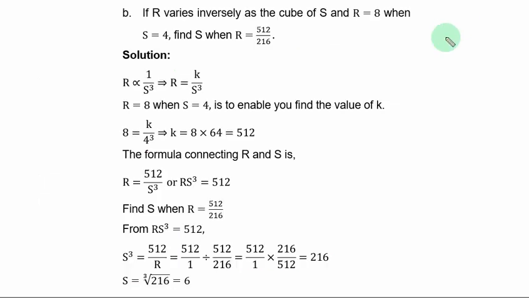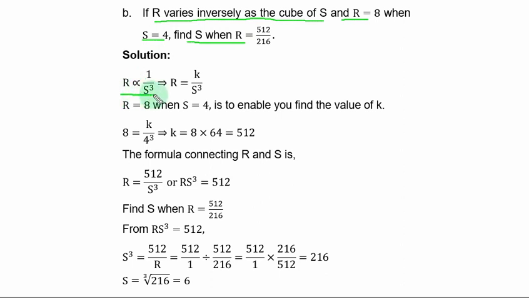Question 9b. If R varies inversely as the cube of s and R is equal to 8 when s equal to 4, find s when R is equal to 512 over 216. R varies inversely as the cube of s is this.